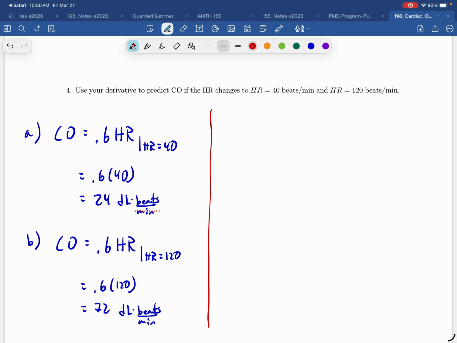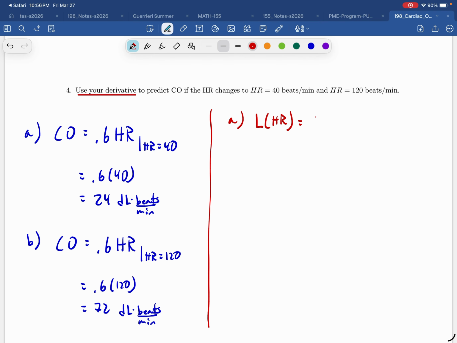But that's not really what the question's asking us. Yes, you could do this. Yes, it's pretty straightforward. But they say use your derivative. Okay, so let's do it. So this is a quick little application of linear approximation, right? If you remember the linearization of a function, normally we write L of x, but I'm just going to use HR instead of x.